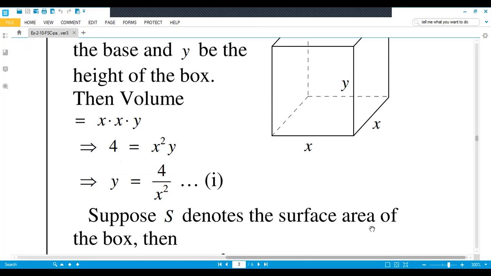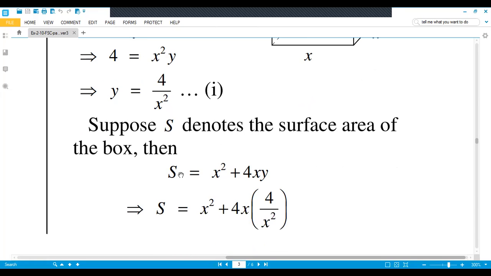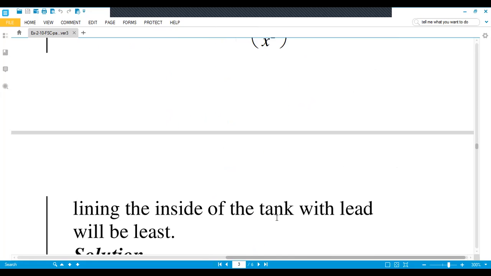Suppose S denotes the surface area of the box. You know the surface area formula of the box: S is equal to x square, meaning the area of the base, plus 4 multiply side multiply height, breadth multiply height. So this is the surface area formula. In the surface area formula, x square plus 4x, the value of y you put from equation number 1. So x one time cancels, one time is left.